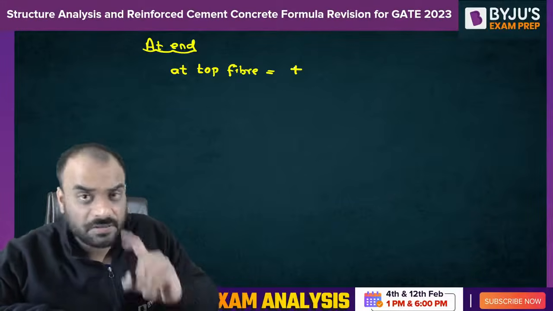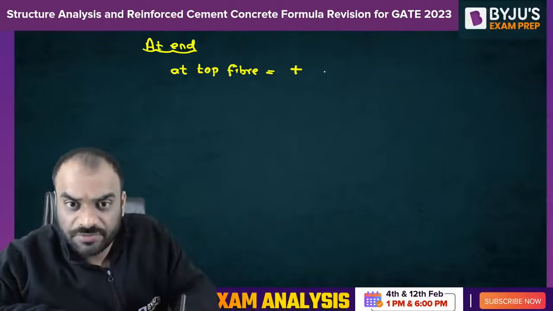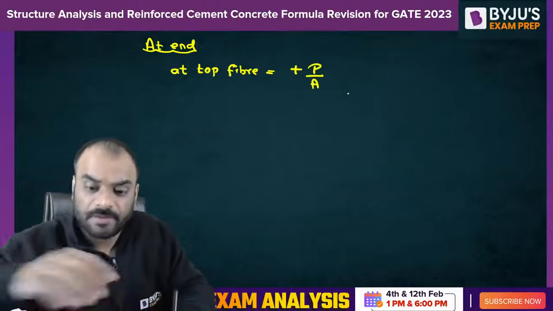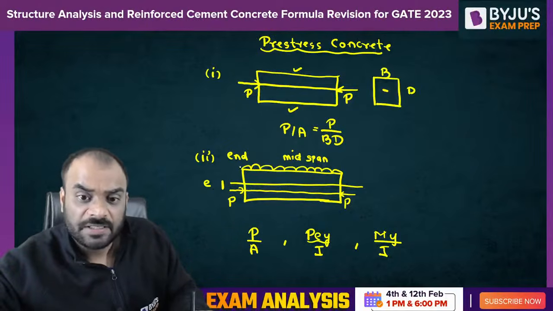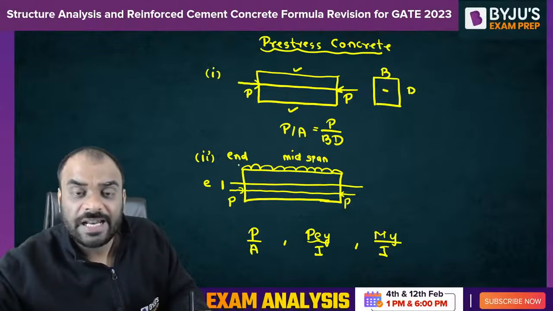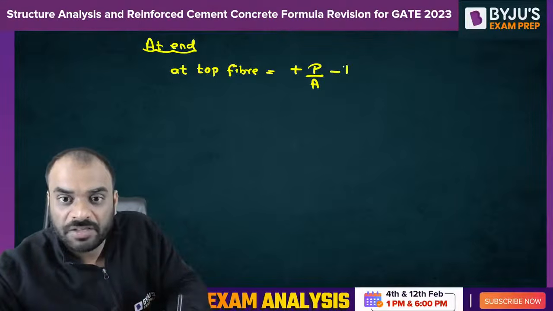So it should be plus. Please remember, in case of pre-stressed concrete, compression is positive, so it is P by A, right? The next value is PEY by I, and it is tensile at the top and compressive at the bottom. So if it is tensile at the top, it should be negative, minus PEY by I, right?